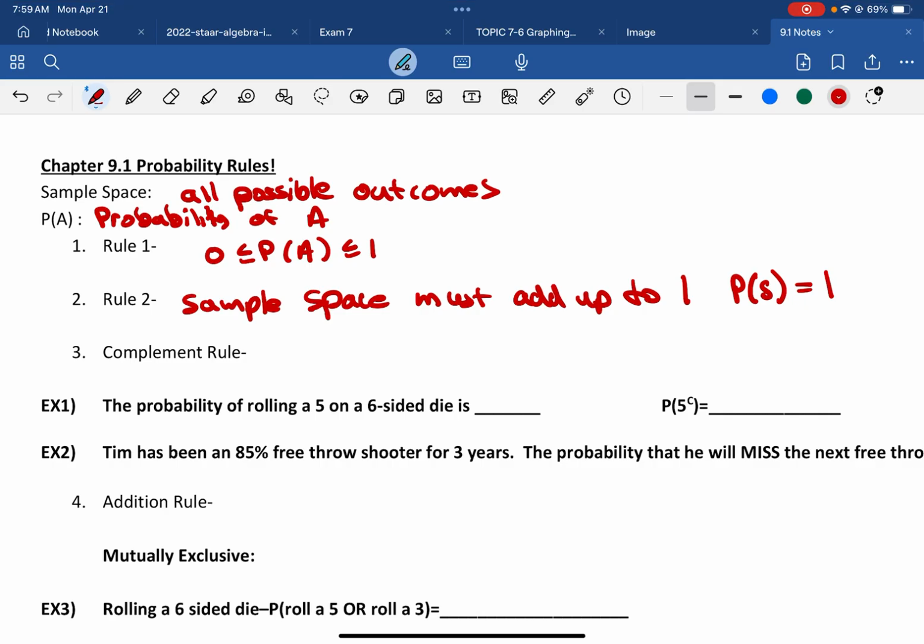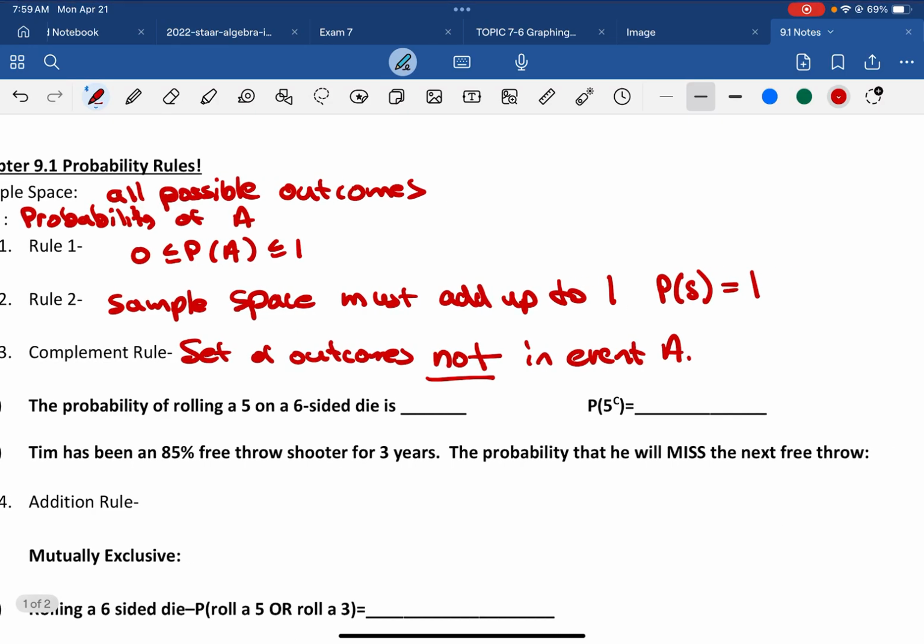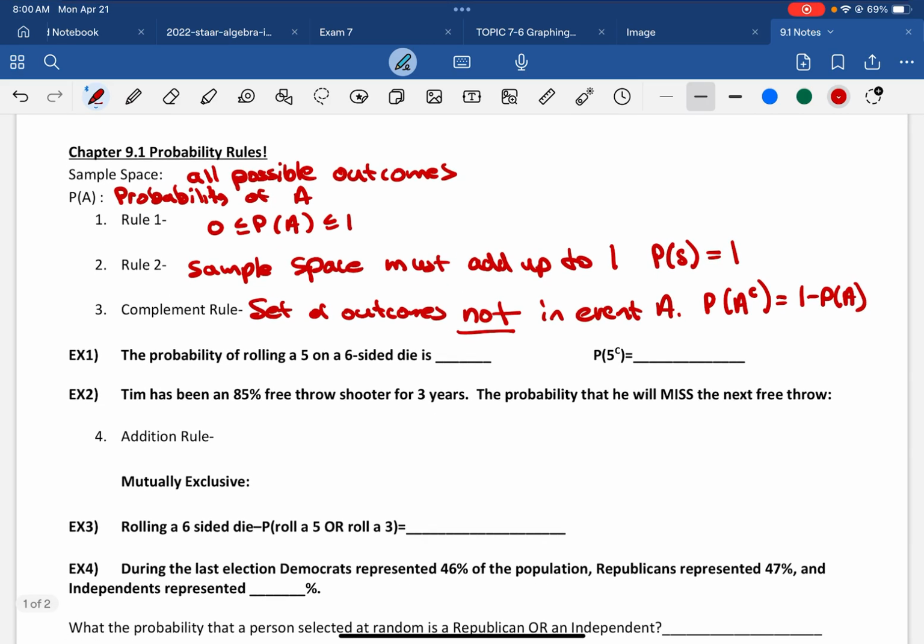Notice the difference in spelling, not like I give you a compliment, but the complement rule is the set of outcomes not in event A. So the probability of the complement of event A is 1 minus the probability of event A. If you're thinking about a number cube, the probability of rolling a 6, well, the complement of that would be the probability of not rolling a 6.